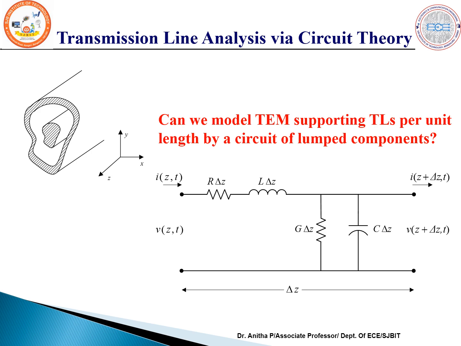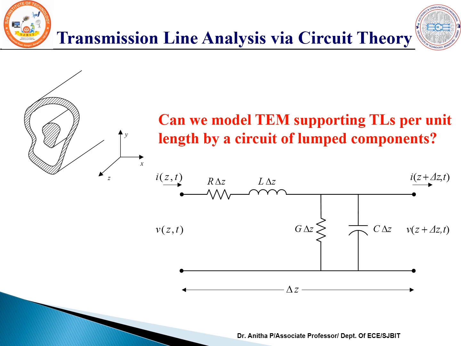To analyze the output, I will be writing an equivalent circuit of that section considering the distributed parameters as RLGC: resistance, inductance, conductance and capacitance. And the voltage and current values which we are considering vary with respect to two parameters. One is with respect to the time, another one is with respect to the space, that is Z. So at the input side, I am considering the voltage applied as V of Z comma T and current applied as I of Z comma T.